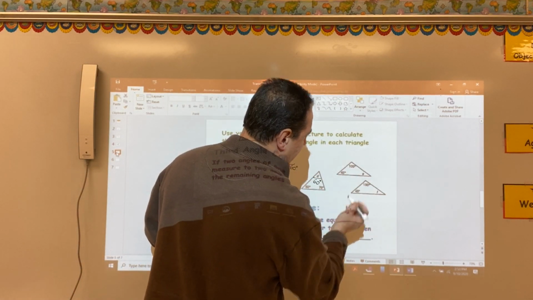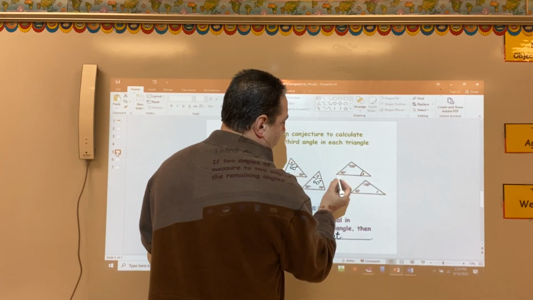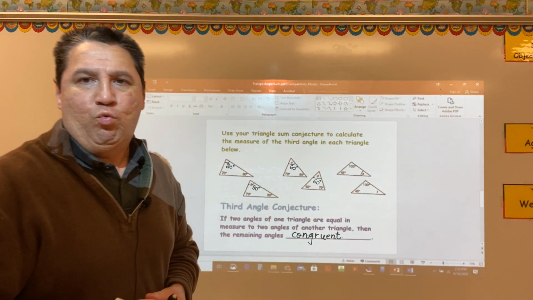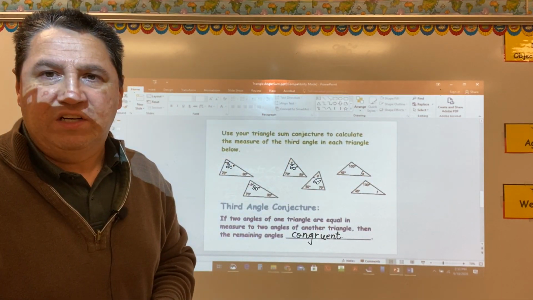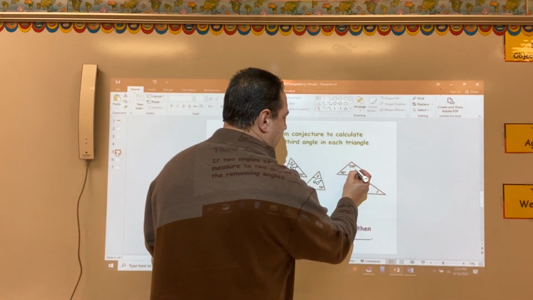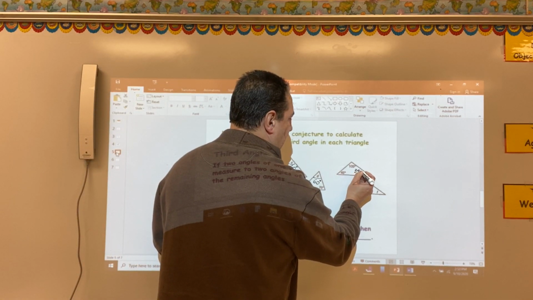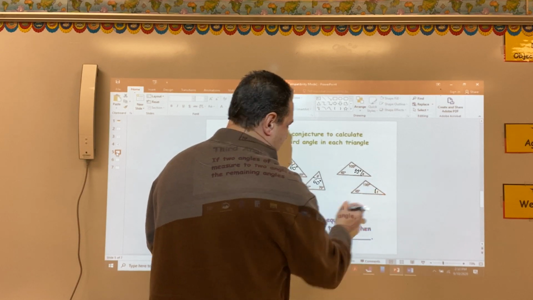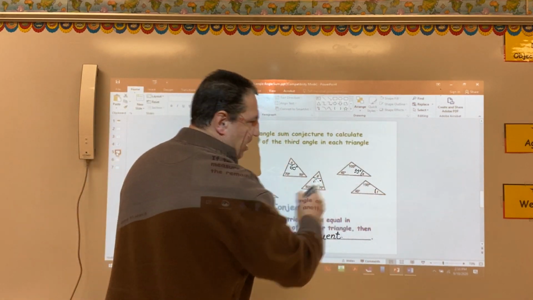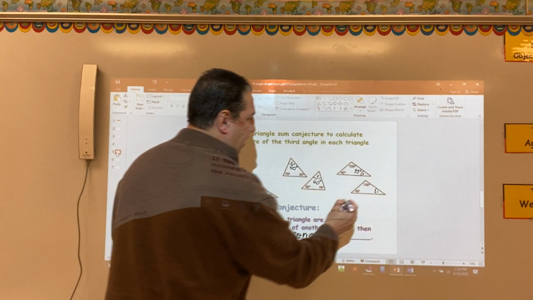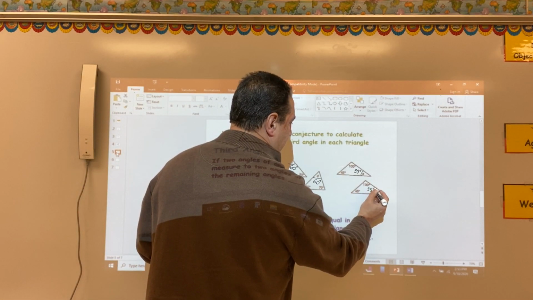Let's say E. So 180 minus 145 equals 35. So, according to this conjecture, automatically angle L would be 35 degrees. Good.